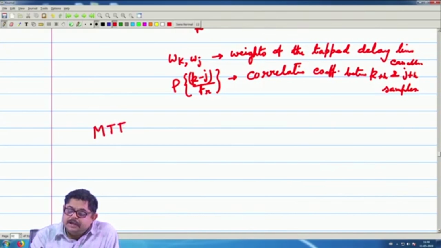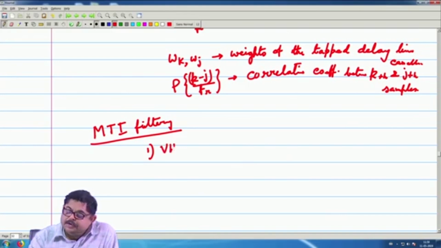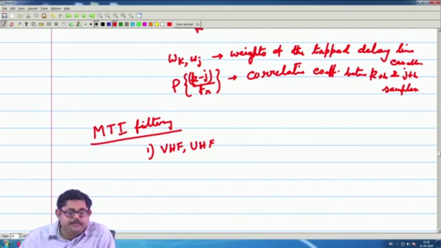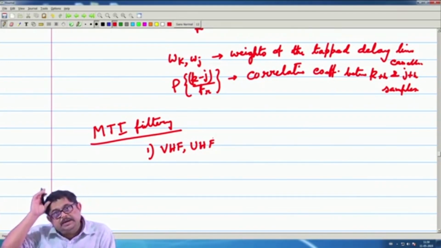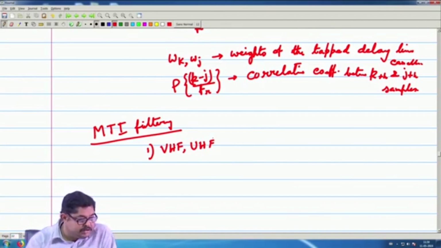This MTI filtering plus point is that at VHF, UHF, it is a very good technique to detect a moving target buried in clutter, because here we are ready to tolerate the blind speeds. We will try to push the blind speeds further away by staggering, etc. So, this can be done.